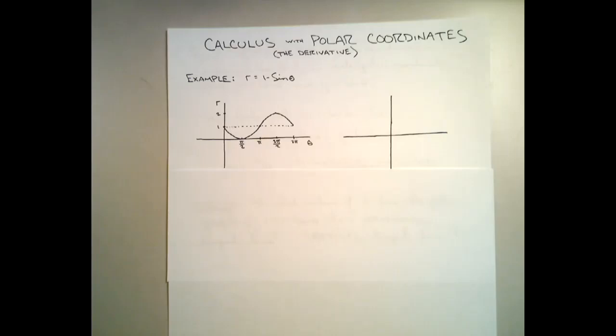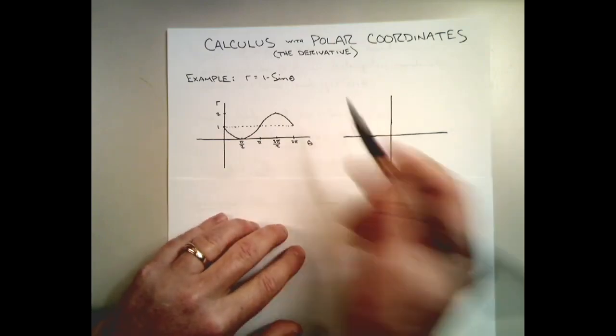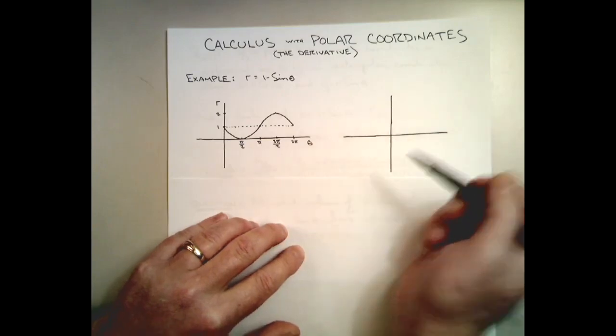Go ahead, stop the video and see if you can translate the sketch of that graph to a sketch of this function in the polar coordinate system. Okay, so let's do this together, and we'll see if the work here agrees with the work you did during your break. All right, so what do we have?